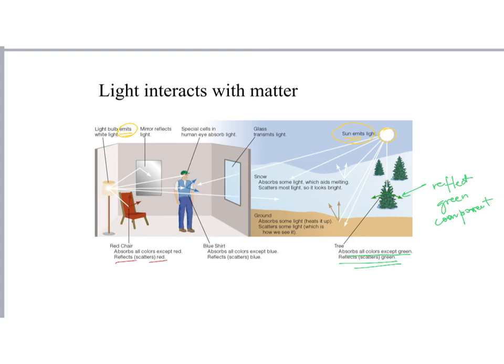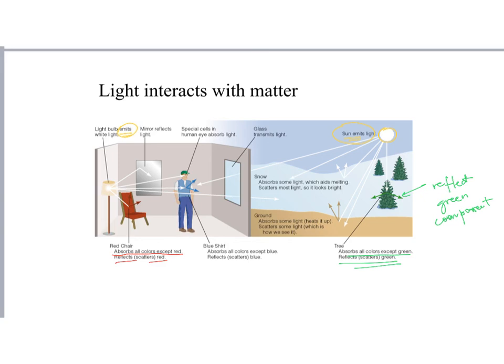The same happens here. So this red thing is going to absorb all colors except the red, and the red is going to be reflected, and that's why you see that thing red. The rose is maybe red because its petals are able to reflect the red more than anything.